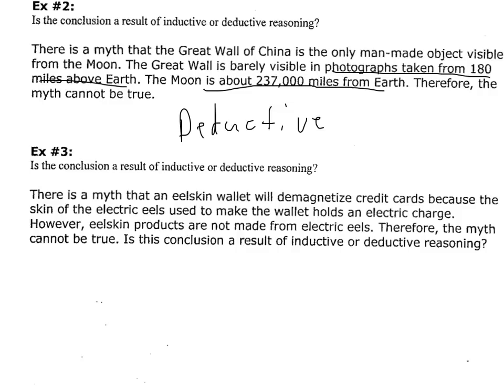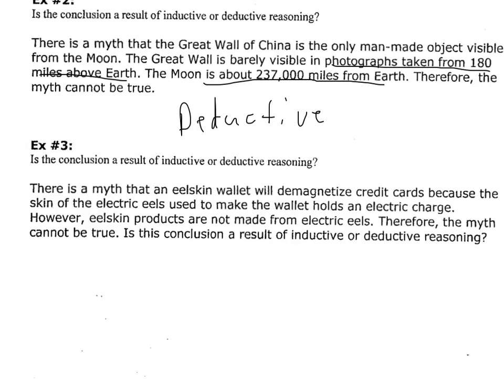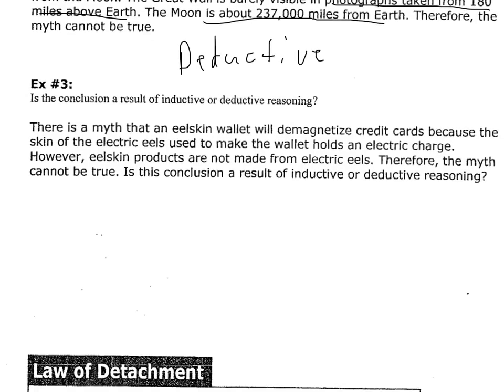Okay, let's try one more. This one says, there's a myth that an eelskin wallet will demagnetize credit cards because the skin of the electric eels used to make the wallet holds an electric charge. However, eelskin products are not made from electric eels. Therefore, the myth cannot be true. Alright, once again, we have definitions and we have facts.